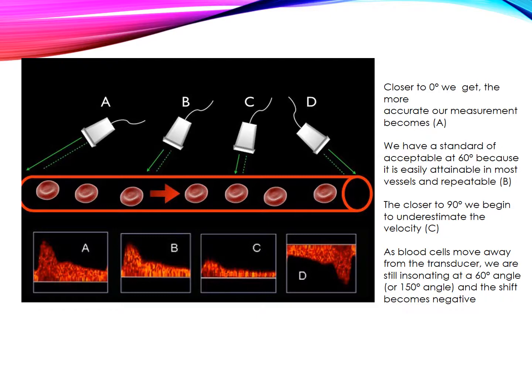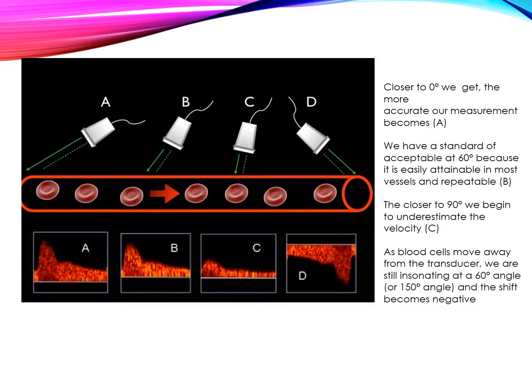However, for the rest of the body, when we're trying to look at blood velocity traveling through vessels, be it the legs or up in the neck, we can't get that 0-degree angle of incidence. So we manage by changing the angle. It's a very standard practice to go to 60 degrees because it's very attainable in most of the vessels in the body, and it's also repeatable. So 60 degrees is actually pretty much the standard that we will use in clinic ultrasound.